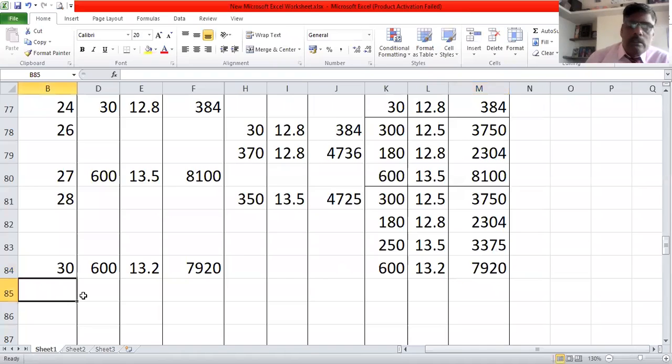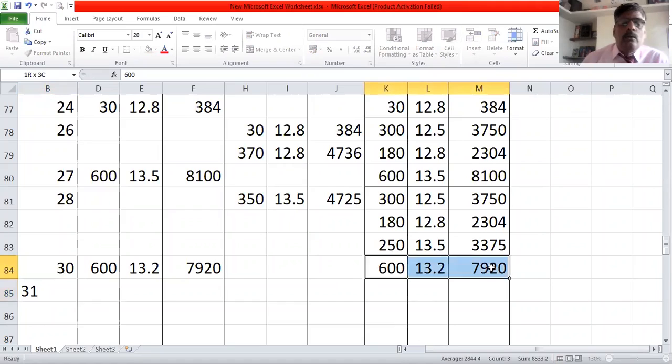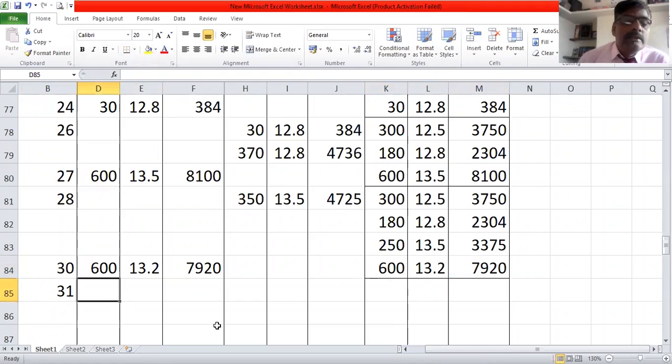Then 31st date. There is a issue. You put underline for the balance column. Issue is 300 unit.